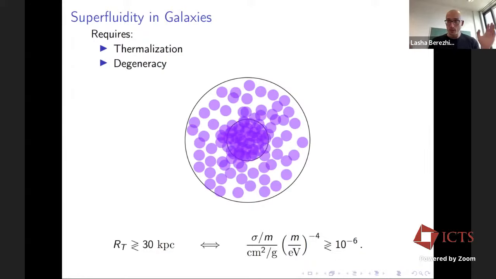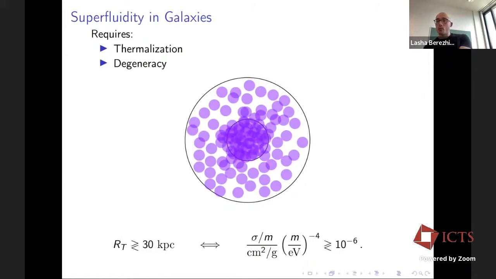This is of course a simplified approach, because in reality everything is going to take place together, the formation of the superfluid and the virialization. However, we can ask, if the profile started similar to NFW, under what conditions would we undergo the phase transition in this picture? To form the superfluid, we need to fulfill two criteria. One is that particles need to thermalize.